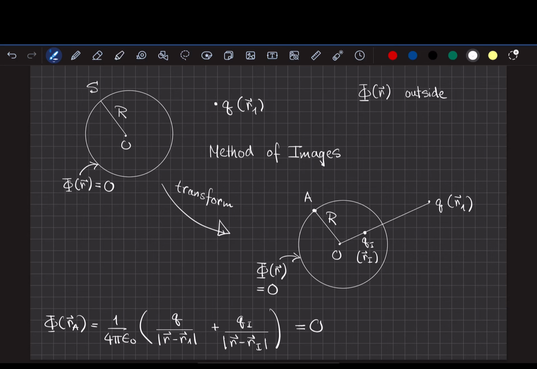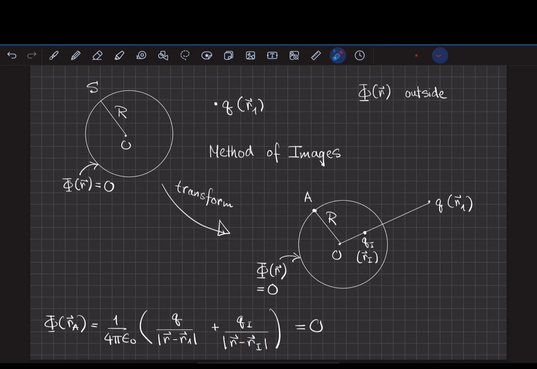So this equation is basically going to give us the image charge Qi and the position of the image charge Ri.